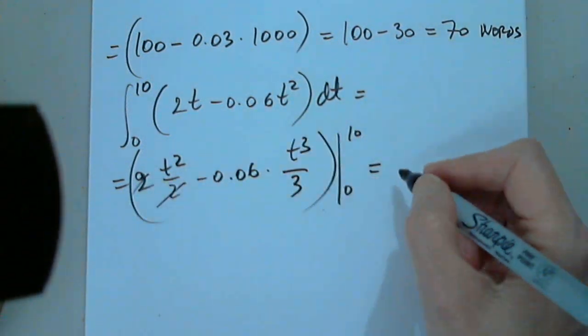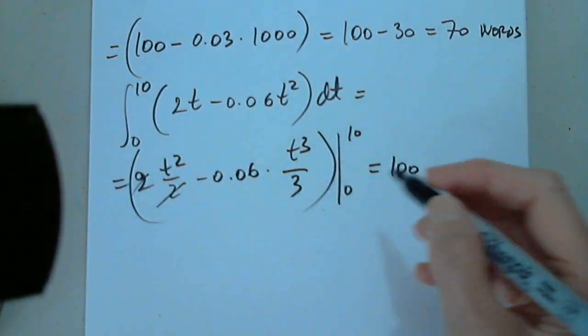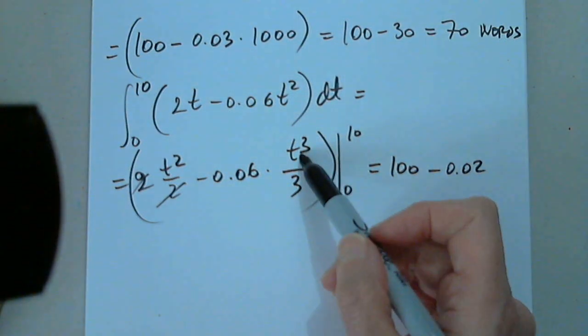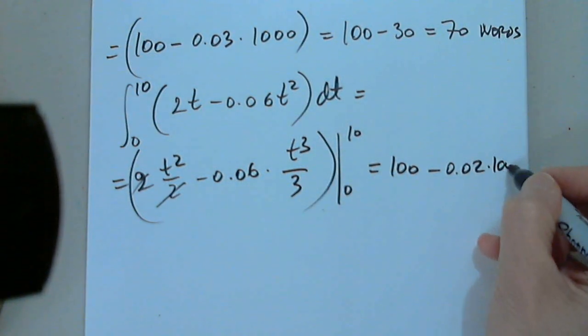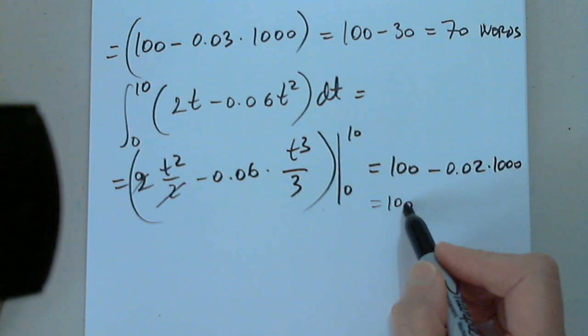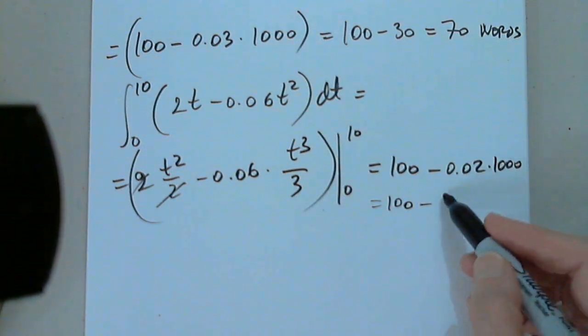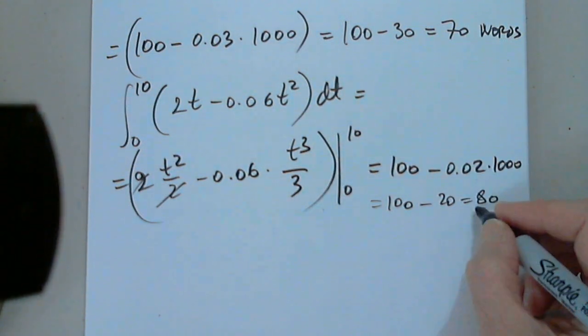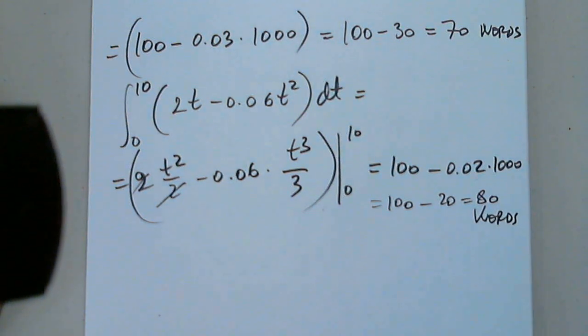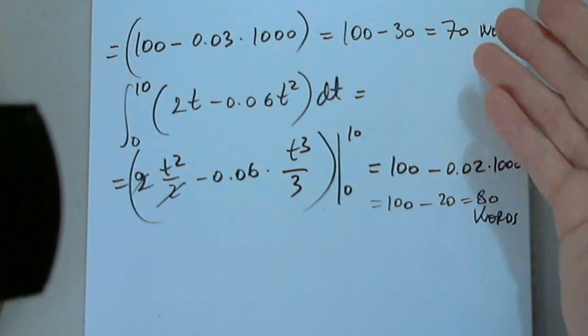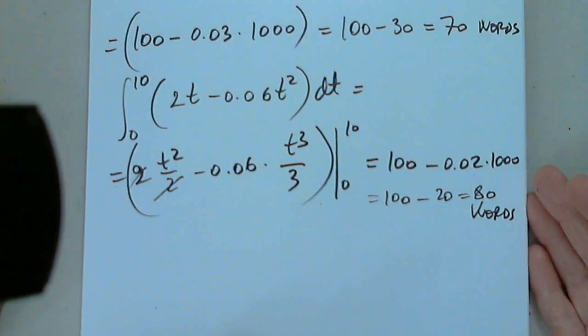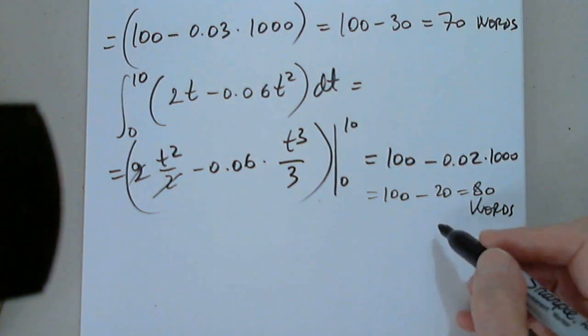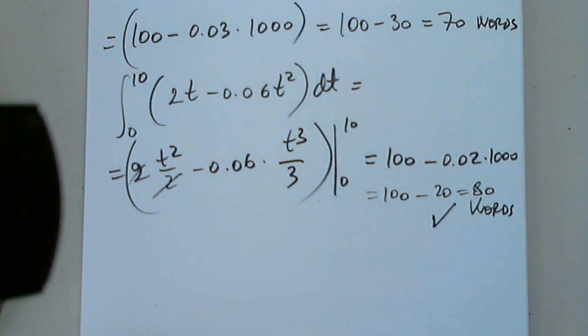Simplified, 10 squared, again 100, minus 0.02 times 10 cubed, again 1,000. So this is 100 minus 20, which is 80 words. I know it's a silly question, but which one is bigger? So obviously this. Good.